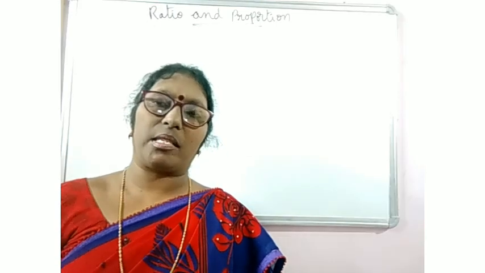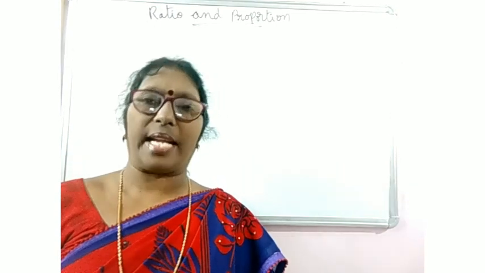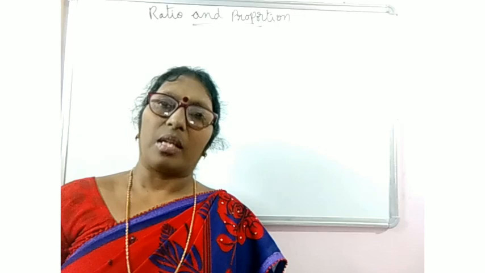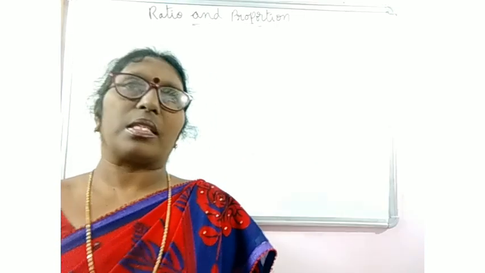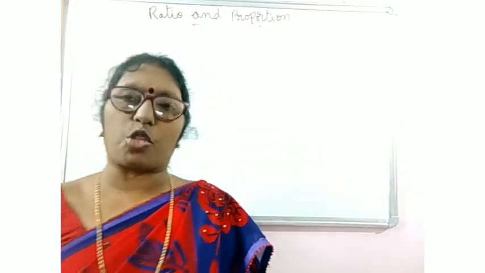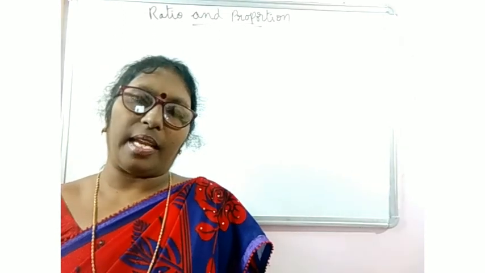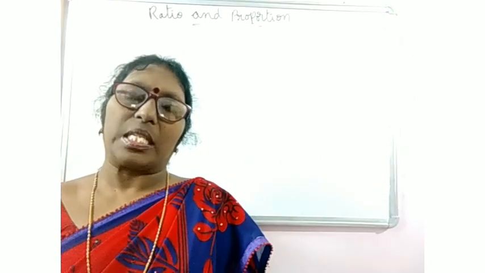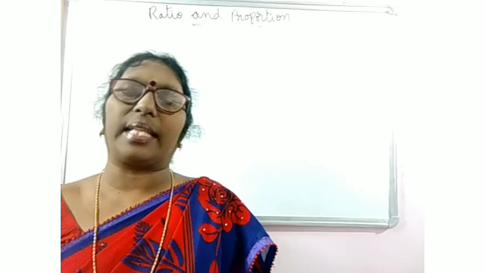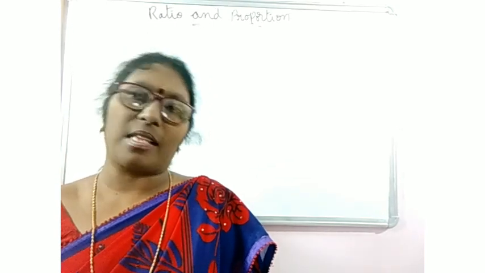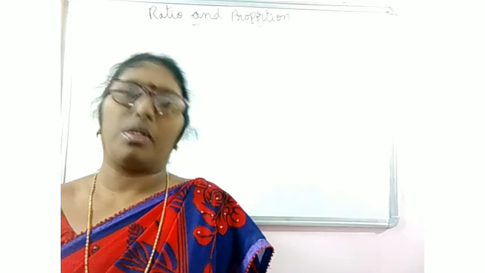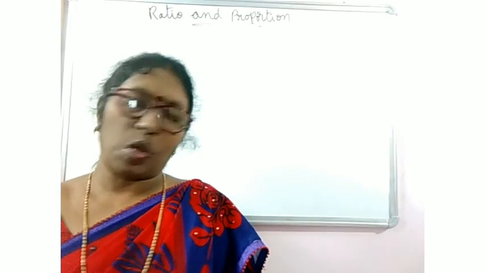Three quantities of the same kind are said to be in ratio A is to B is to C if AK, BK, CK are the quantities, where K is the non-zero real number. Okay?